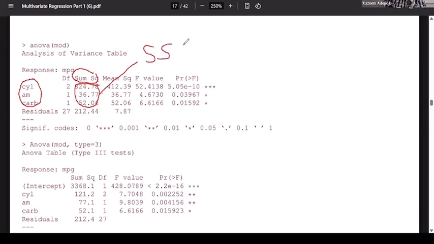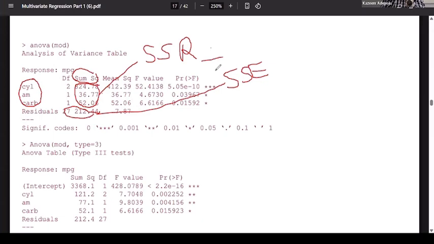The sum of square regression is the explained variation. And this one here is the sum of square error. If I add the sum of square regression to the sum of square error, I'm going to have the total sum of square.